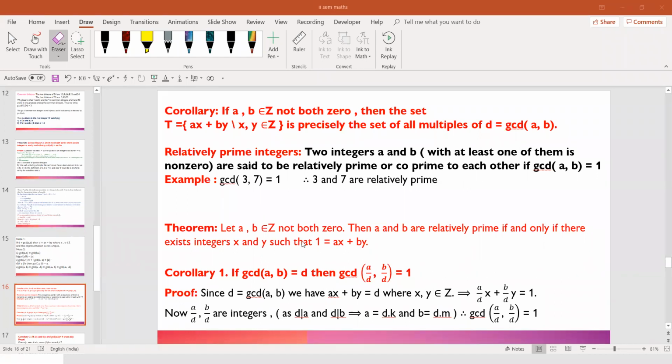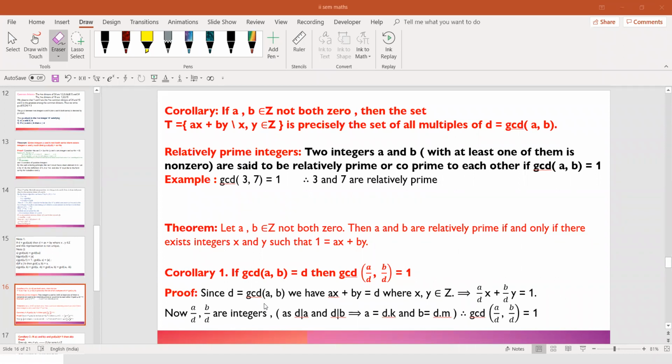The proof of this theorem is not included in the syllabus, so you need not see the proof. Even this corollary, just go through what it says. This relatively prime definition and this corollary are important for a 2 marks question.